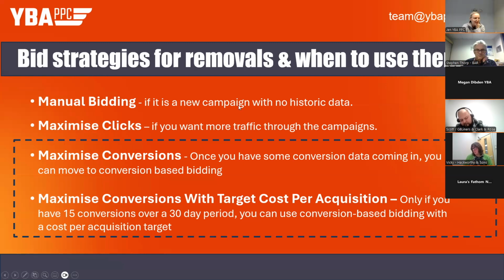Or you can use maximize clicks, which is a type of automated bidding and is telling Google, I want this campaign to aim to just get more traffic to my website. So again, that's okay, but the gold standard and what we want to tell Google to do is get you more inquiries. And for Google, that's called a conversion. So we want to try and focus on those conversion-based bid strategies.